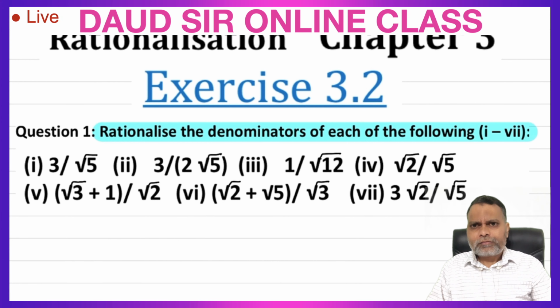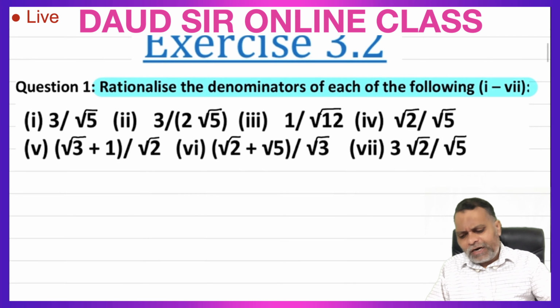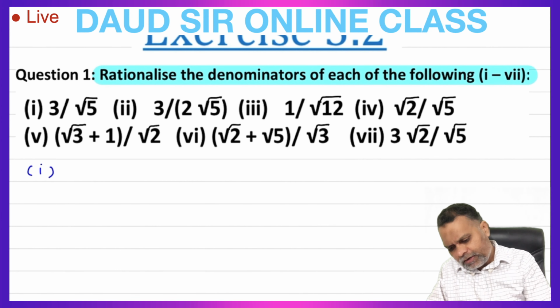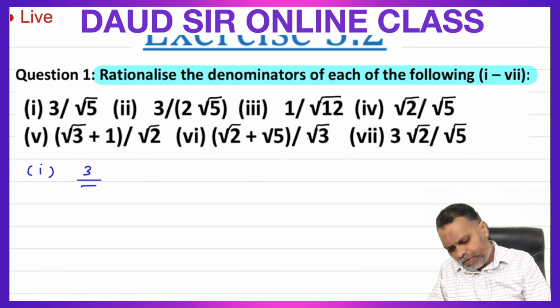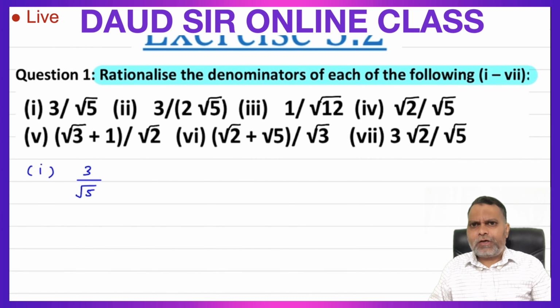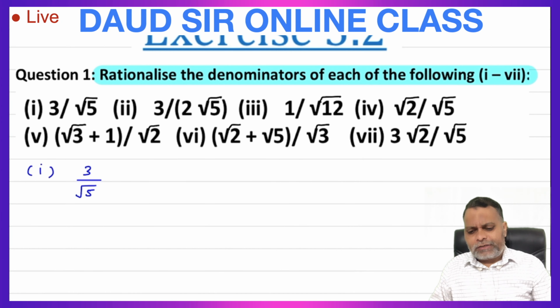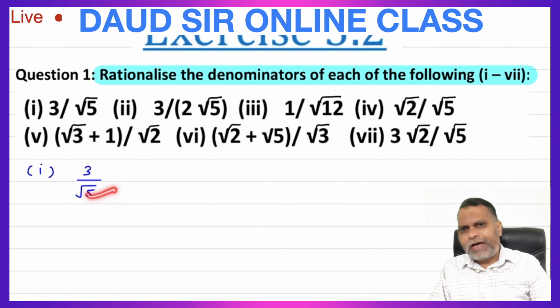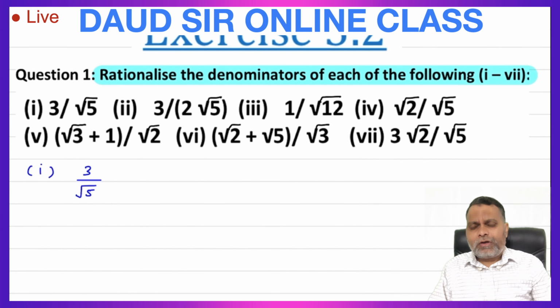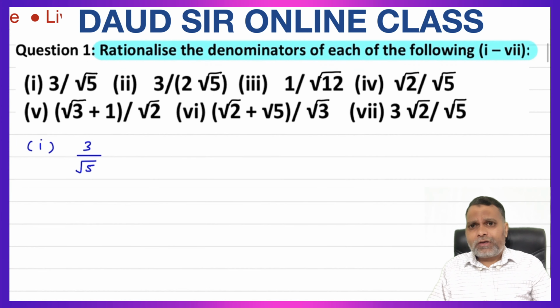So the first part of this: 3 upon under root 5. Here we have 3 upon under root 5, so we have to rationalize its denominator. The denominator is root 5. If we multiply and divide by this root 5, then there will be no change.